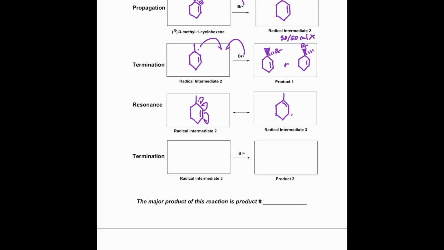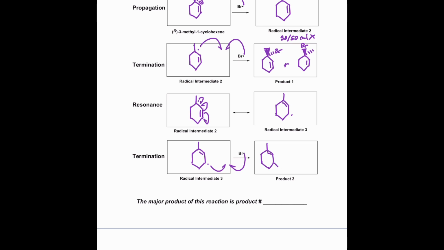So then from there, we're going to take this radical intermediate 3 that we had just drawn up here, and we are going to have it do the same exact thing that we did with radical intermediate 2. We're going to have the electrons meet in the center and draw a bond. And then this is going to be our final product here.